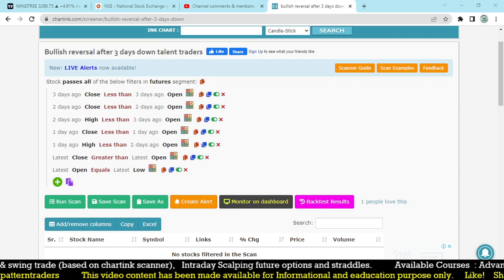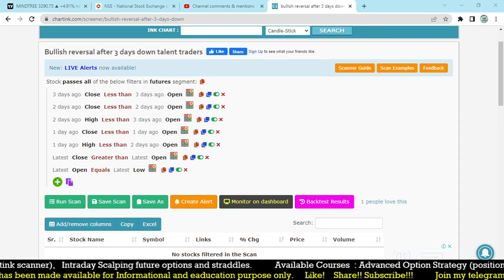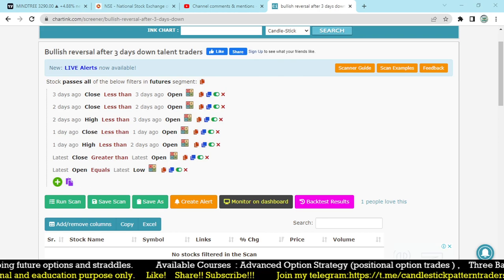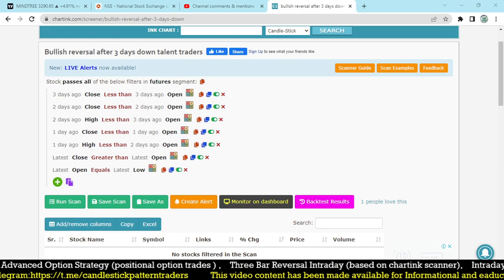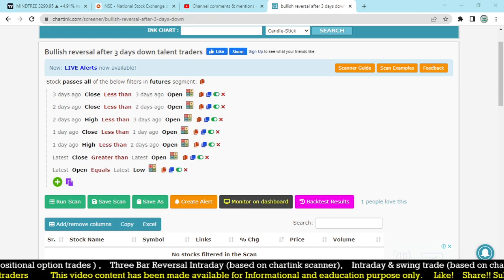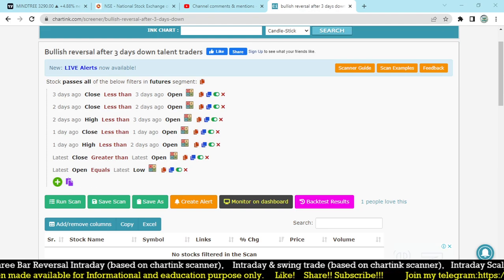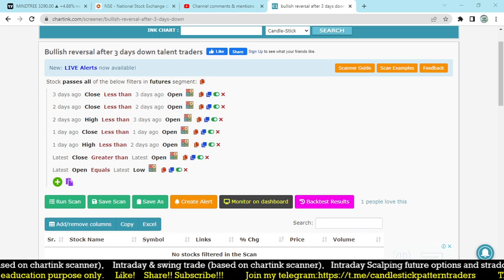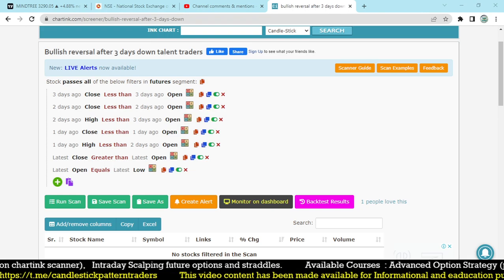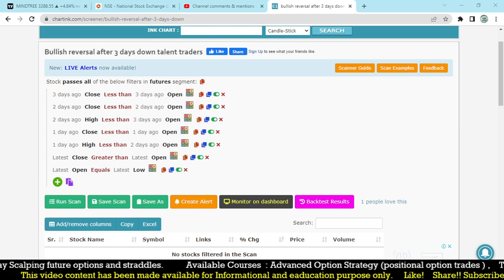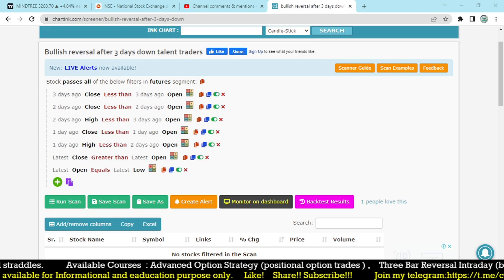This was not repainting because we are taking the closed price, that is, the closing price of one day ago. That gave you a wonderful buying opportunity. Someone was asking for a selling opportunity on that. The reverse of the same scanner will be the selling opportunity.